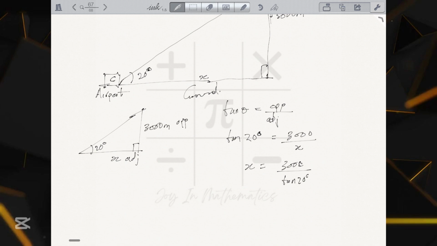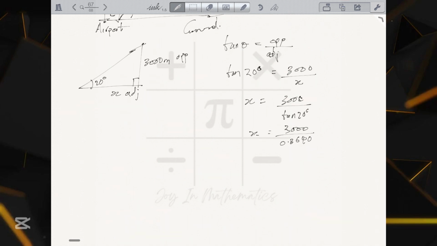Using our calculator, tan 20 degrees gives us 0.3640, so 3000 divided by 0.3640 gives the horizontal distance to be equal to 8242.43 meters.